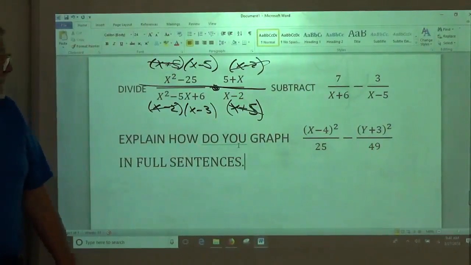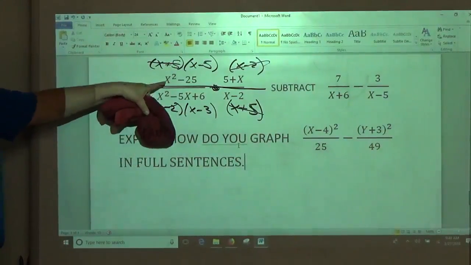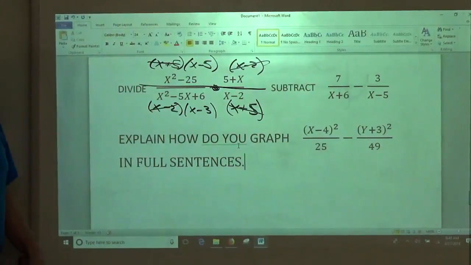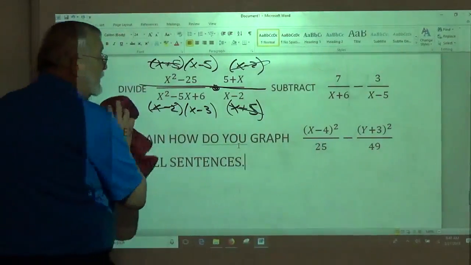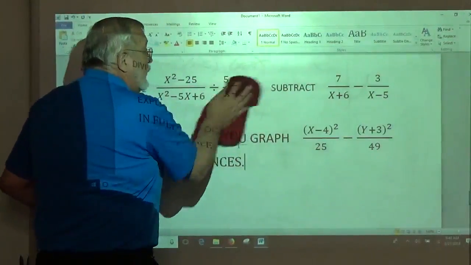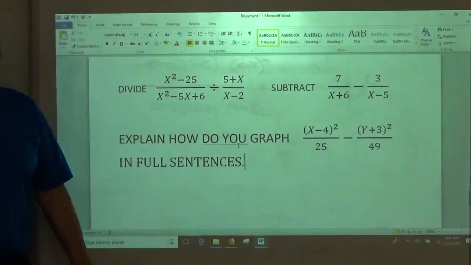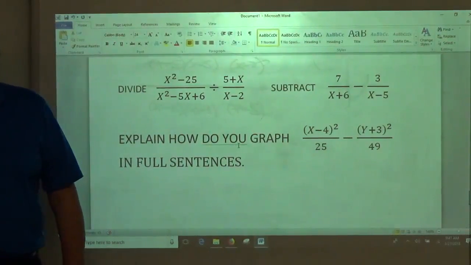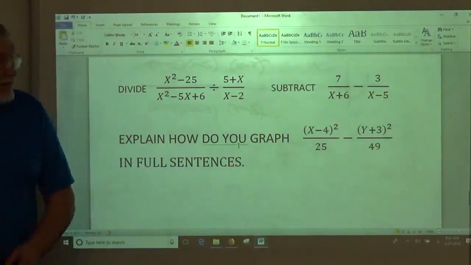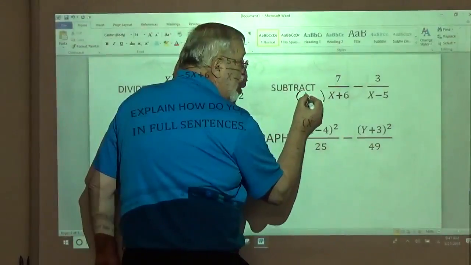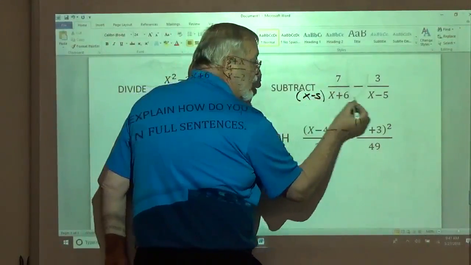All right. And that was relatively simple, because this one went so fast. Okay. Now, what's the next one say over here? Subtract. Okay, so in order to subtract fractions, what has to be true? Denominators have to be the same. So it looks like I need a denominator that's this.